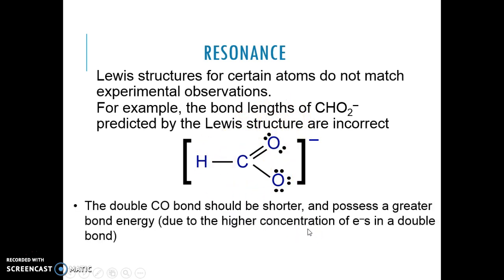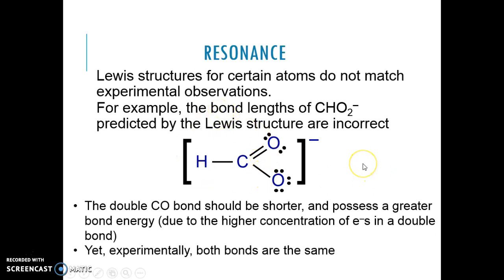But what measurements show is that what should happen is this double bond should be shorter than this single bond. Remember, the higher order bond you have, the shorter it is. But that's not really true. Both bonds have an equal length. So how do we justify the facts from data measurements with this Lewis structure that we have drawn?